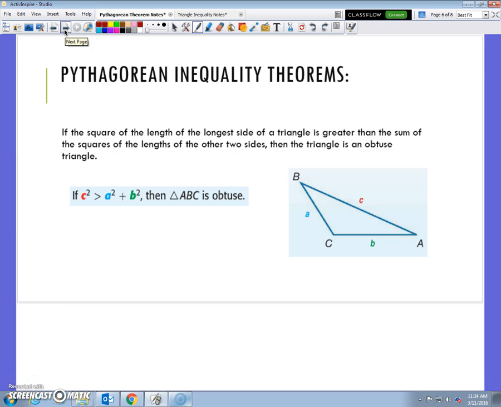To me, it makes sense to ask: is a squared plus b squared equal to c squared, bigger than c squared, or less than c squared? If it's equal, it's a right. If it's bigger, it's obtuse. And if it's less than, it would be acute. So hopefully it'll be quick and easy for you to remember as well.